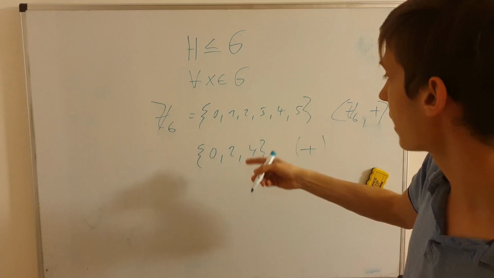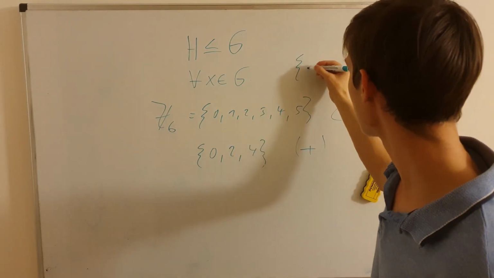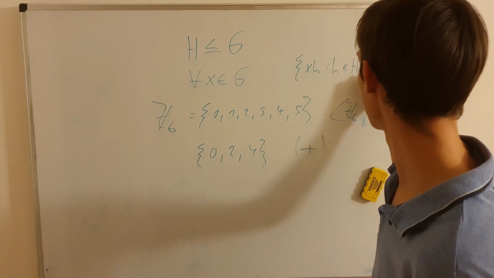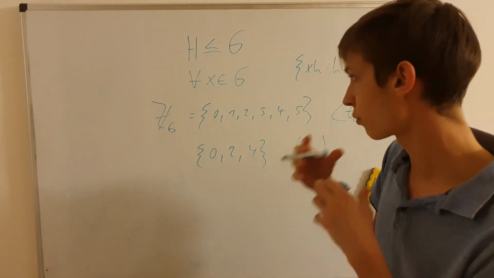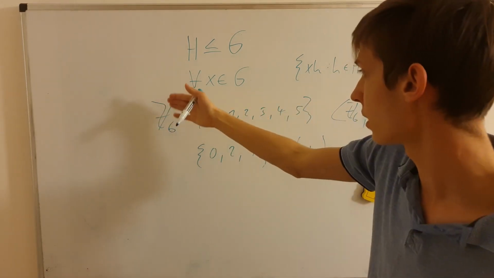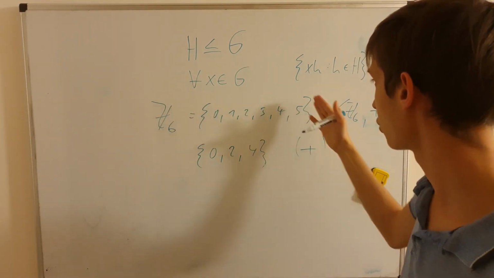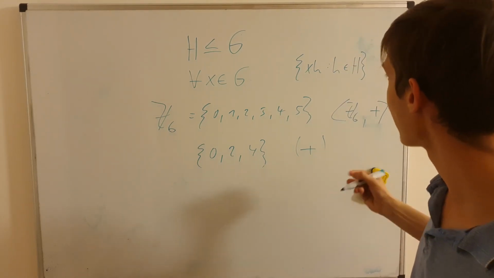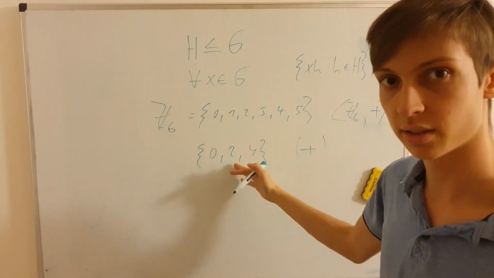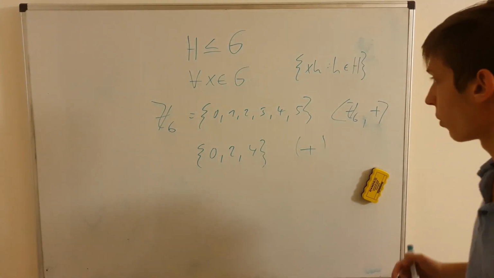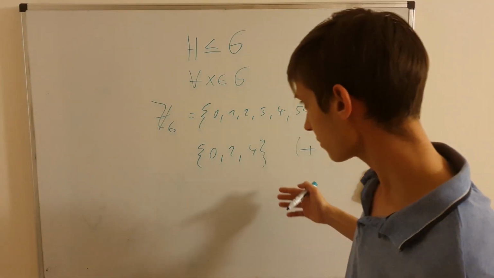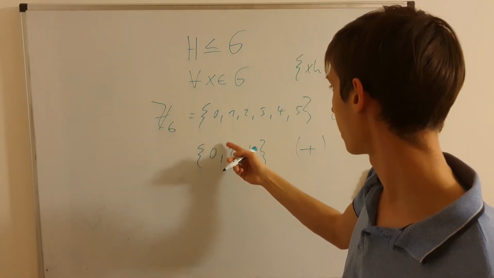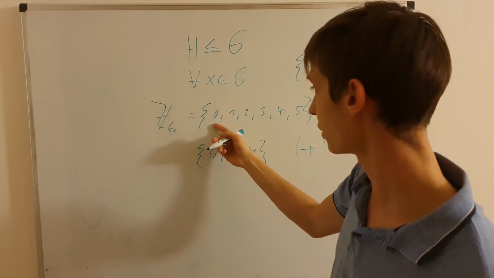So the idea was that a coset is basically xH, with x combined with all the elements in the subgroup H. So I take one element from the group, from the integers modulo 6 in this case. Let's say I will choose 1, and what I do with it is I combine it with each element of H. So for the first one, I will choose 0.